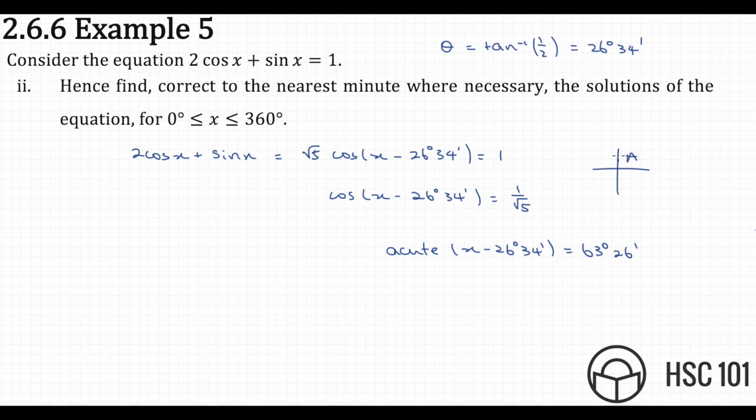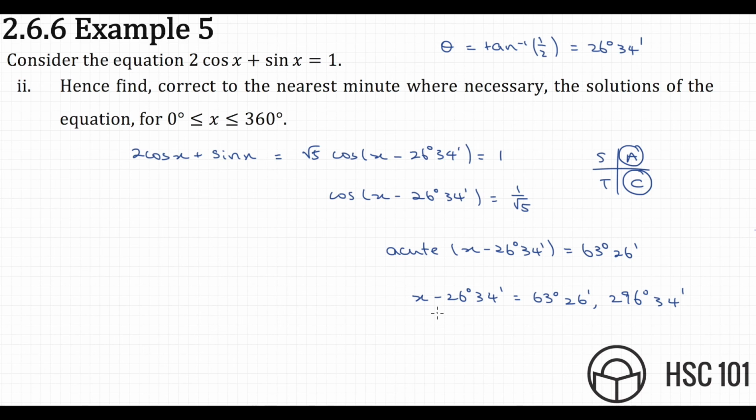So if we look at ASTC, our solution is going to lie in A and in C. The real x minus 26 degrees and 34 minutes that we're looking for, the first solution lies in the first quadrant, so that's just the acute angle itself. The second solution lies in the fourth quadrant, so that's going to be 360 minus our acute angle, which is 296 degrees and 34 minutes.